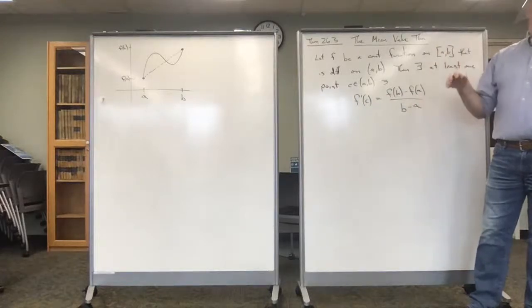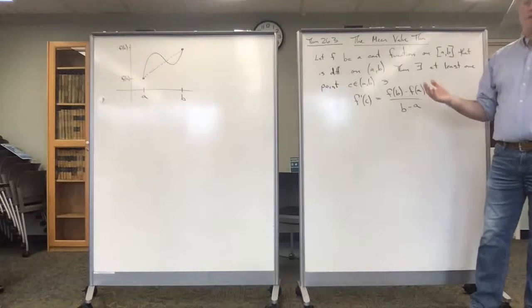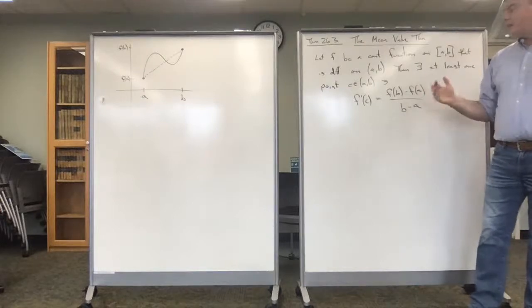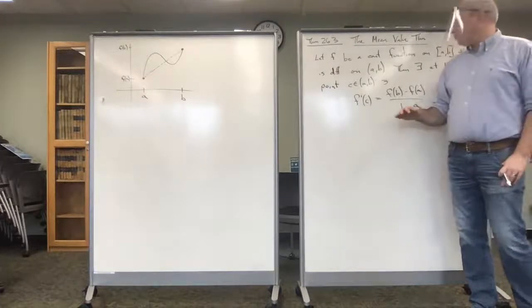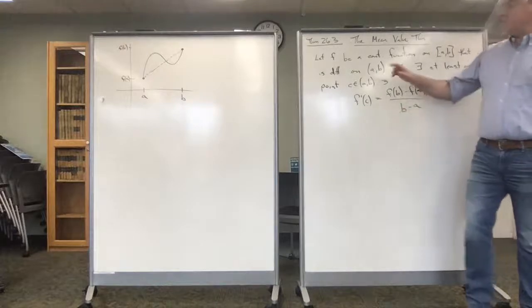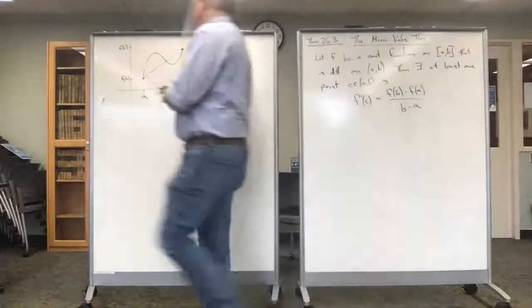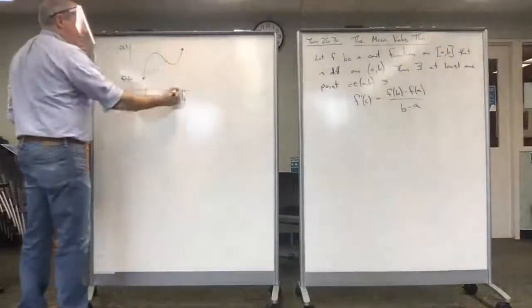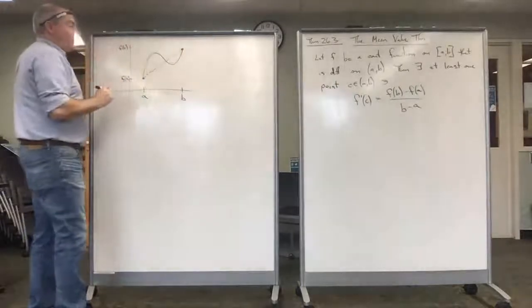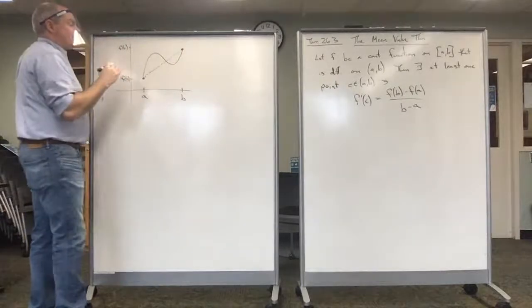And again, this is something we typically talk about in Calculus 1, although we may or may not really go through the proof. But once you see the slope of that secant line, there should be some points in between a and b, one or more, where the slope of that curve is exactly the same.